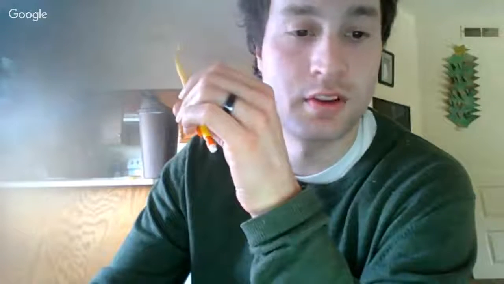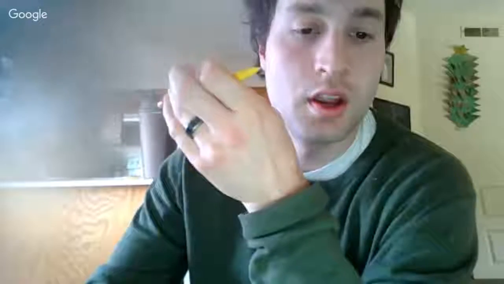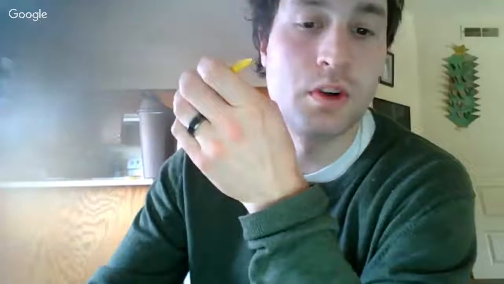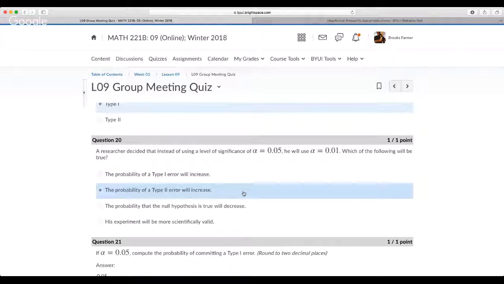The one I was still kind of confused on was 20, where the researcher decided that instead of the original level of significance, he uses 0.1, and the probability of a type 2 error will increase. Basically, your alpha is the percentage chance that a type 1 error will be committed.